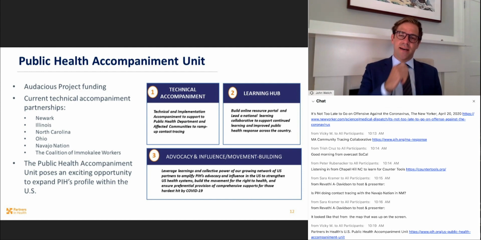And then also, to tie this to community health workers, we've been really engaged with, for example, MACHWA, the Massachusetts Community Health Workers Association, whom we've sort of shepherded through the hiring process so that we do have community health worker representation in our workforce. But part of that then has become the accompaniment of other states and other groups. And you can see some of what that work looks like here.